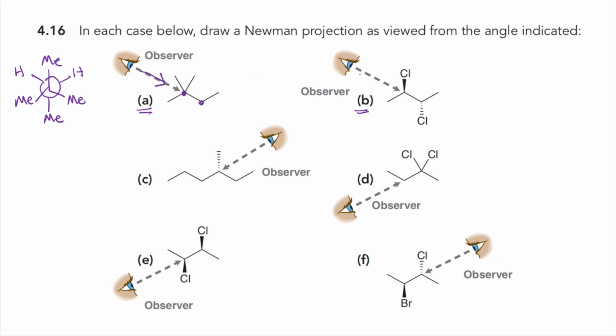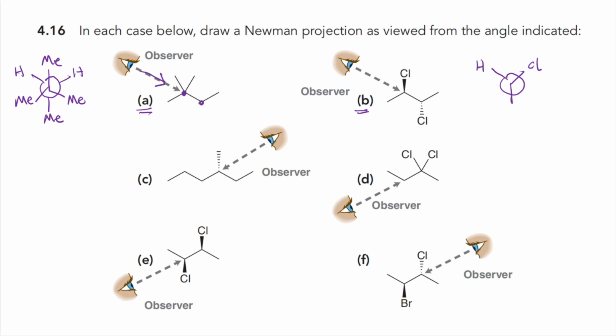And then for B, here are some wedges and dashes. We want to draw the wedge and dash correctly. So for this case, we cannot draw like A, just randomly putting the Me's and H's. From this, I want to draw the chlorine here because it's pointing outside and you're looking from this side.